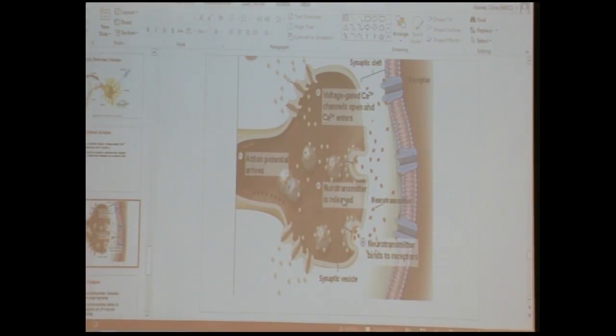All right, so the chemical synapse. Remember, a synapse is a connection between two neurons. So that means the neuron that the signal is coming from. Is that the axon terminal or the dendrite?